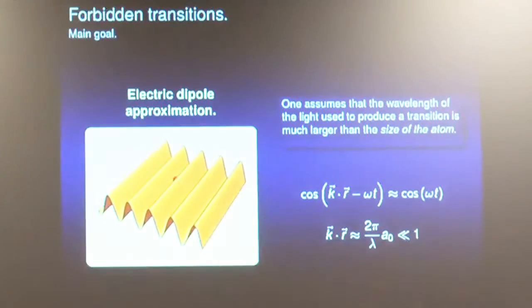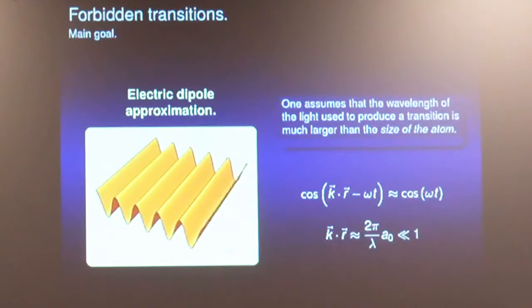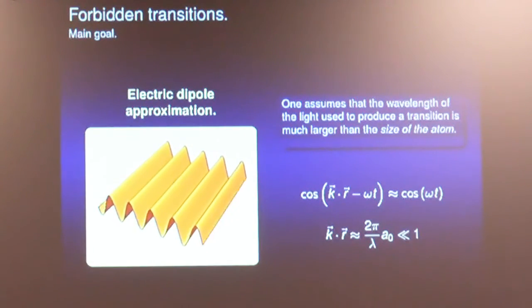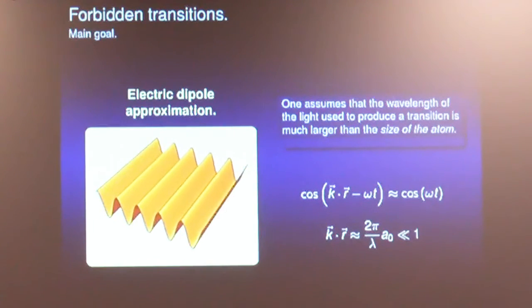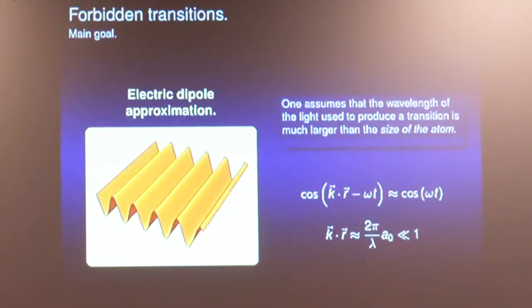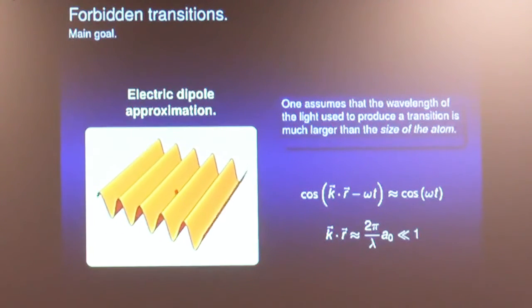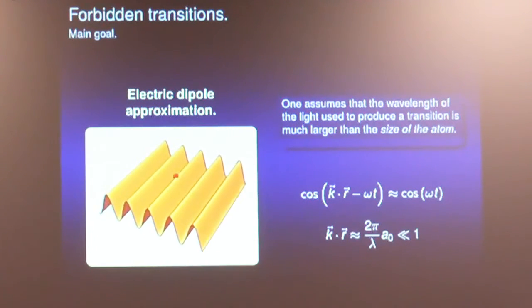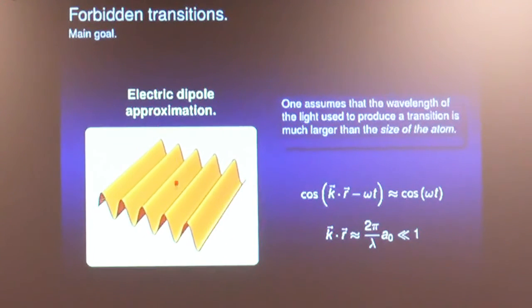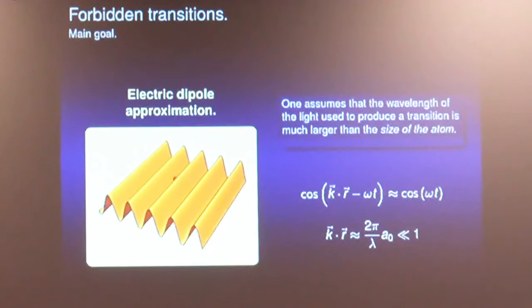Okay? So let me begin with an illustration of the electric dipole approximation. In the interaction between an atom and light, we generally assume that the wavelength of light is much larger than the size of the atom, so we have the atom like this in this wave. So there are no moving parts in the atom, say.